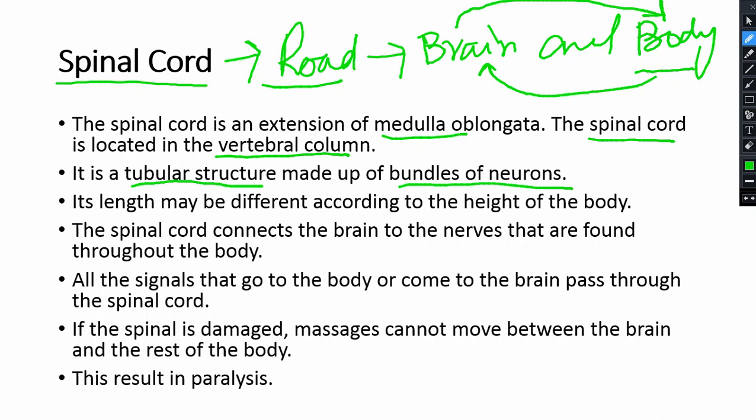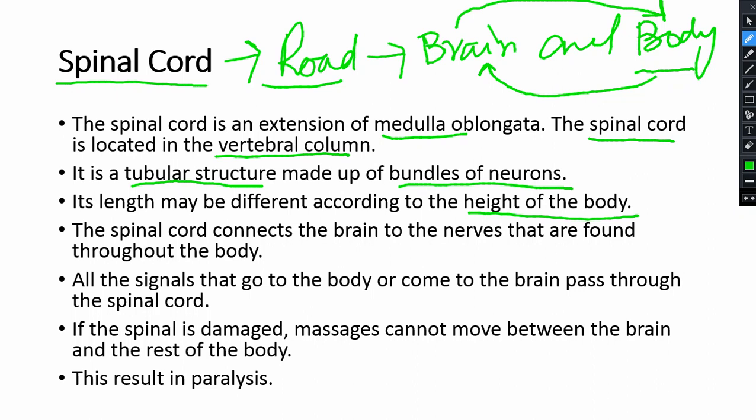The length of the spinal cord is also different according to the height of the person. If the person is short, the spinal cord would be short. If the person is tall, then the spinal cord would be long. The spinal cord connects the brain to the nerves that are found throughout the body.